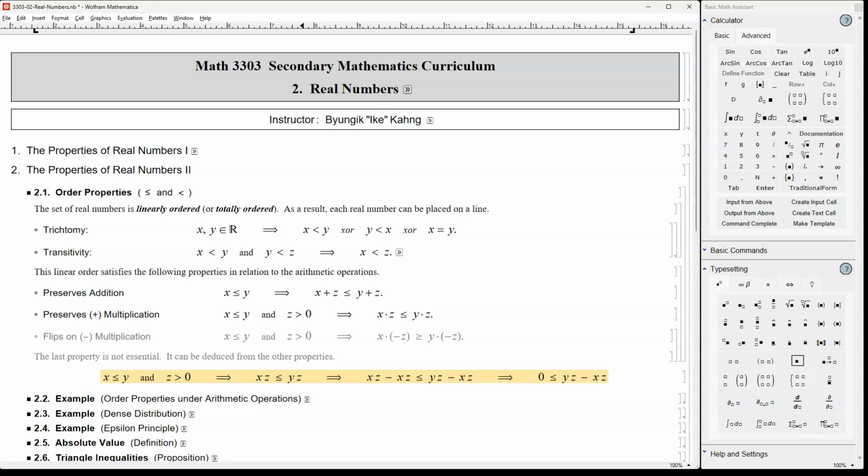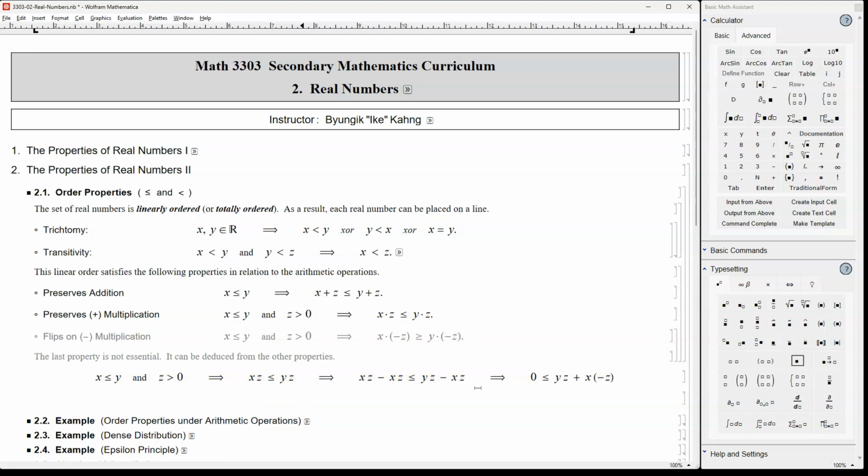But then again, what is this negative xz, the additive inverse of x times z? It is the same as this. Okay, now if you do the same thing to push this one to the other side, then we are going to get the desired result, right?